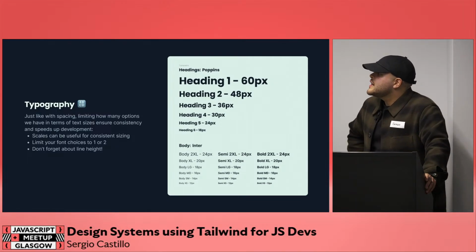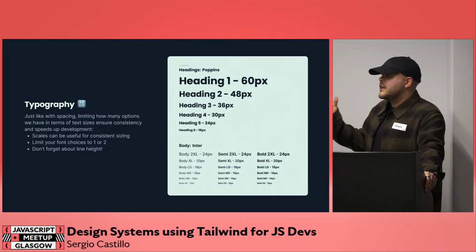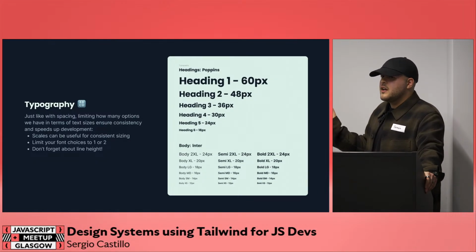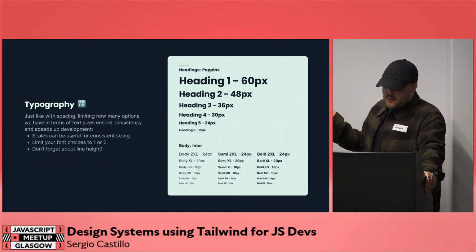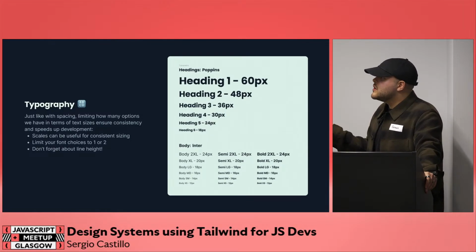So for typography, it's similar to spacing. You should consider at least having a bit of a scale so that you can have a really obvious choice if a bit of text should be one size or the other. It's also good to limit how many fonts you have available.